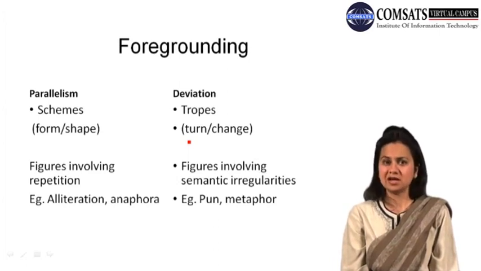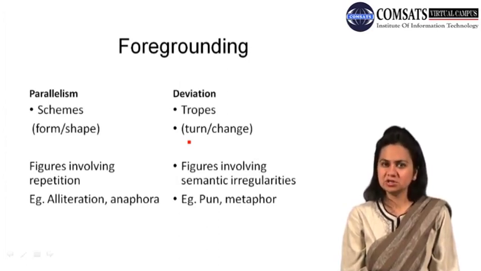And on the other hand lies the concept of deviation, which a writer makes use of in order to disrupt or break the conventions or the existing patterns of writing. So when a reader comes across a deviation, that is disruption or change in meaning and order, he is receiving a sort of shock.